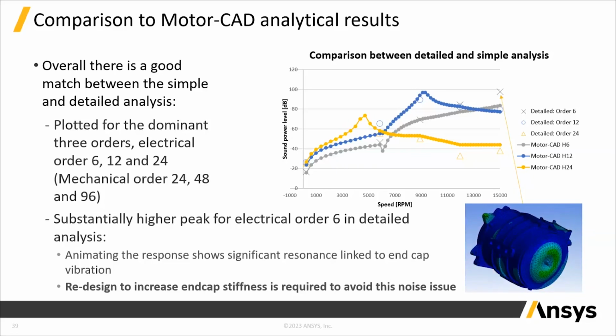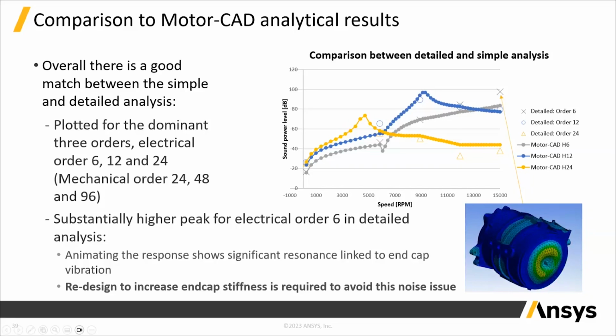But comparing the simple result and the detailed result, and also being able to animate and understand the resonances here, we can understand design changes that could be used to avoid this coupled mode. For example, in this case, it could be as simple as increasing ribbing in this area to increase the stiffness.